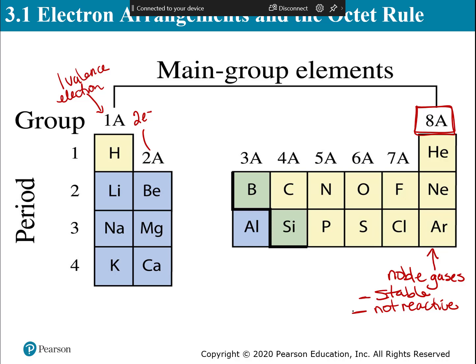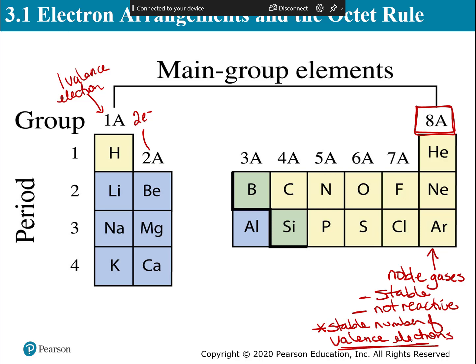So if you buy a can of helium to put in balloons, if it's pure helium, they exist as helium atoms. They don't exist as a compound. So they do not react with anything else. They're extremely stable, and this is because they have a stable number of valence electrons. The electrons in the outermost energy level are stable.